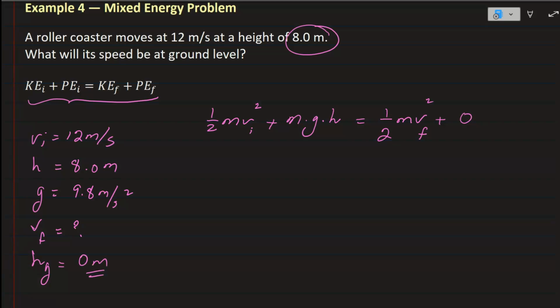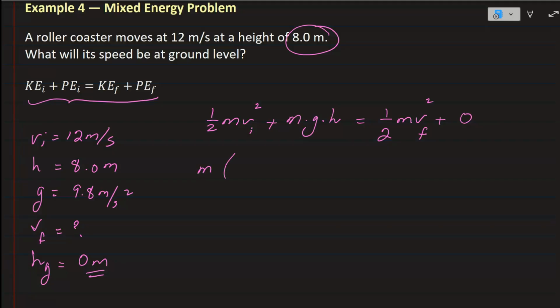But now we have basically 3 terms in this energy equation. We're going to plug numbers in. We have everything except V final, which we're going to solve for, and that's basically it. Now, here we're going to do some mathematical gymnastics first. We can factor m out.